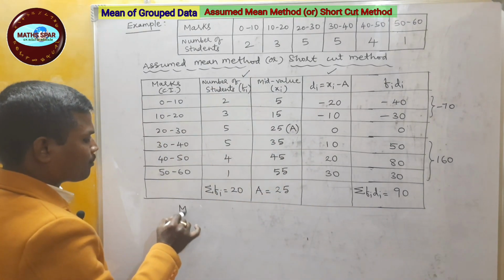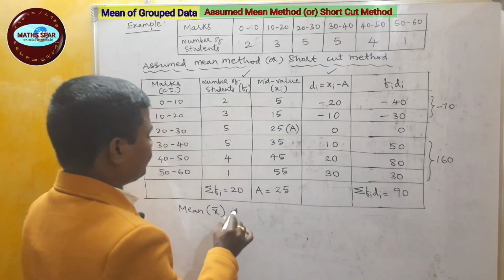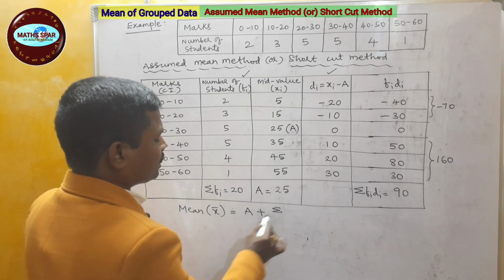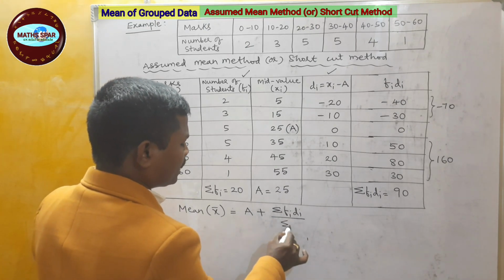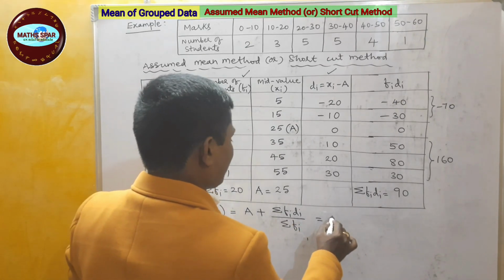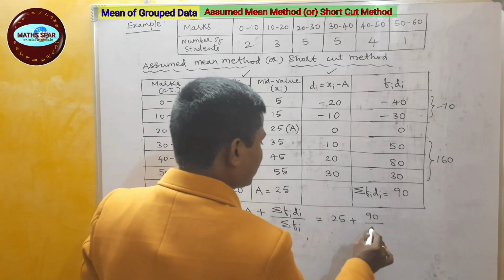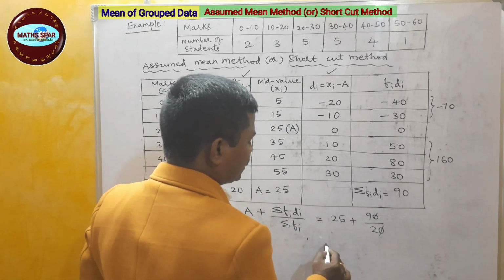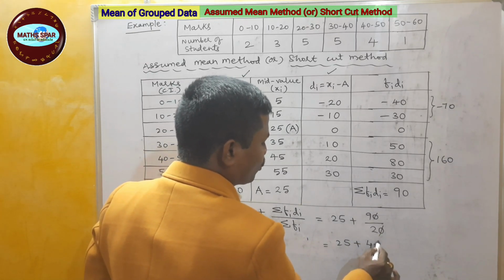Then mean of grouped data given in class interval form by assumed mean method or shortcut method is a plus sigma fi di by sigma fi, that is 25 plus 90 by 20, that is 0 and 0 get cancelled, then 25 plus 9 divided by 2, that is 4.5.